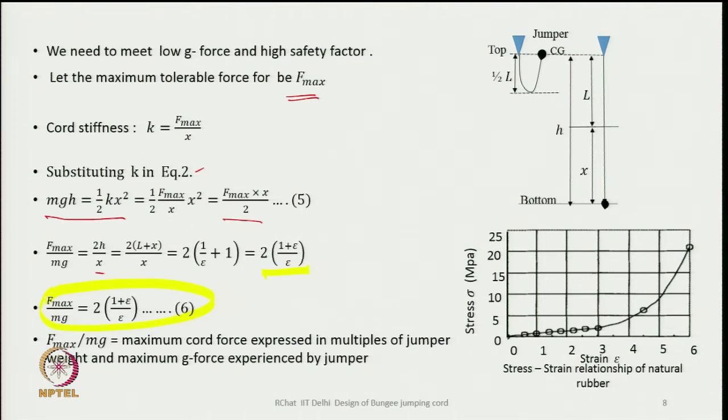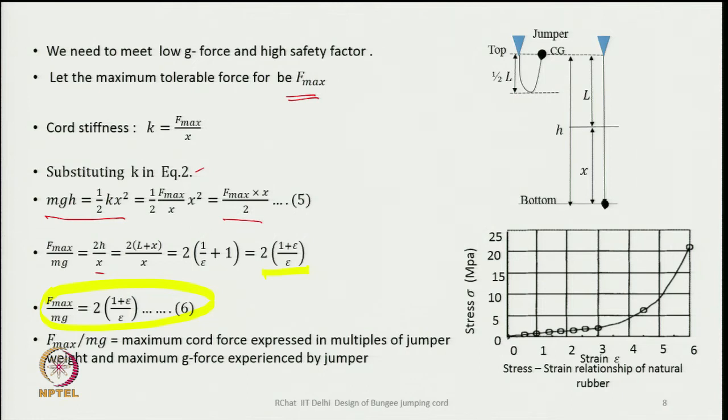and F max by mg is the G force that the person is going to experience when his velocity is going to be retarded. So, a human being has a tolerance.